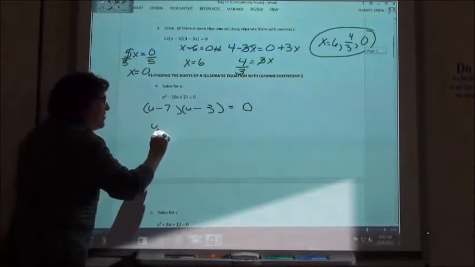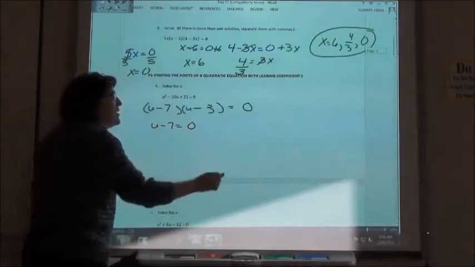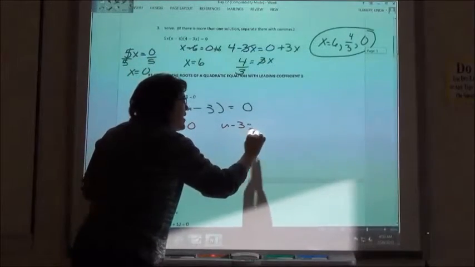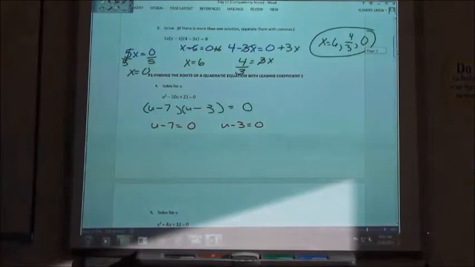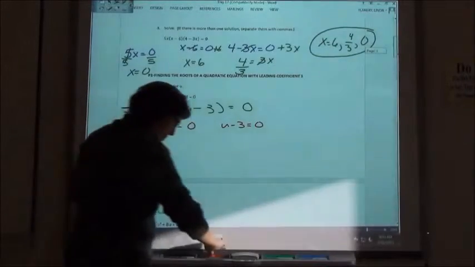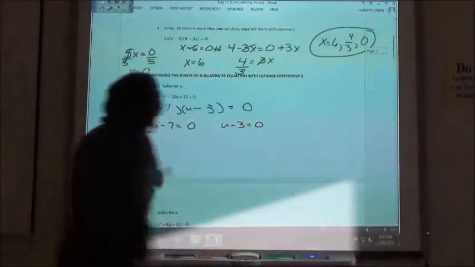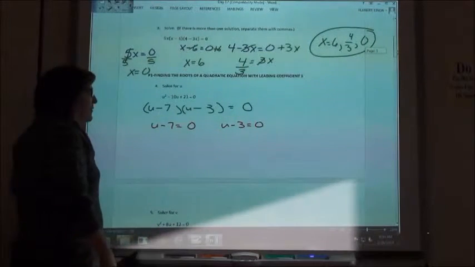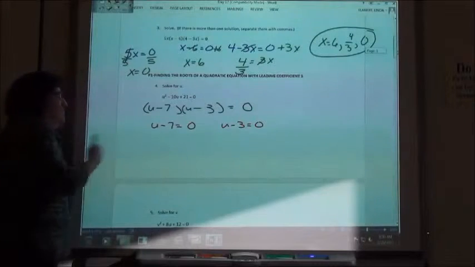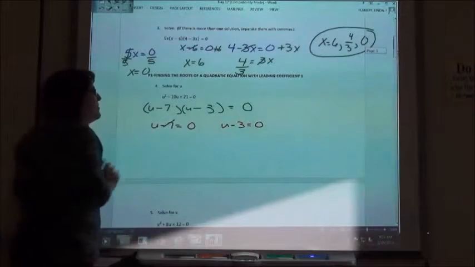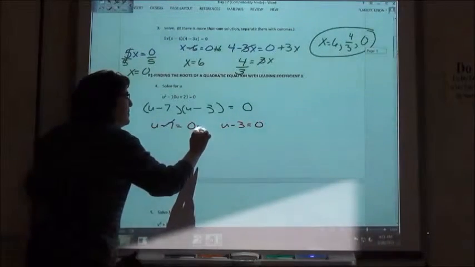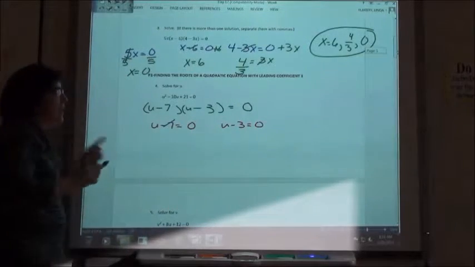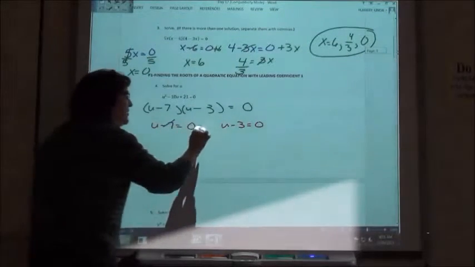We're going to say either the u minus 7 has to equal 0, or the u minus 3 has to equal 0. So if I'm going to solve the first one, I'm going to move my 7 over to the 0. So I'm going to do what with my 7? Take it over to 0 and make it positive 7.